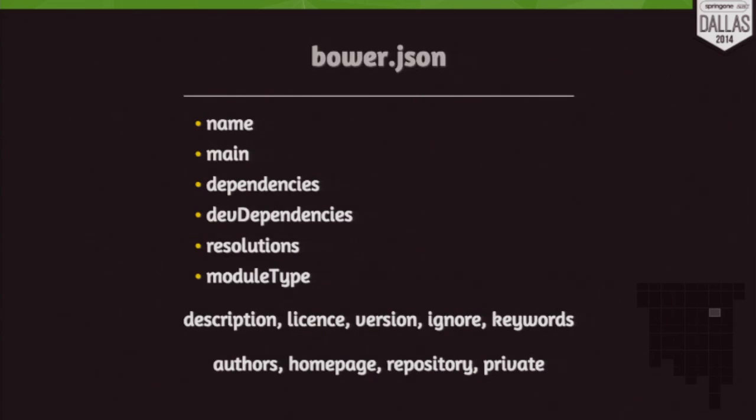So in Bower, for example, in the bower.json there is a main property where it says where your main entry point is, and there is a description of the different dependencies of your modules. And we can put a module type, which helps to know which kind of module you are, if you are AMD, Harmony, or Node type.